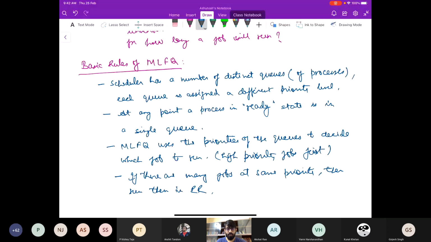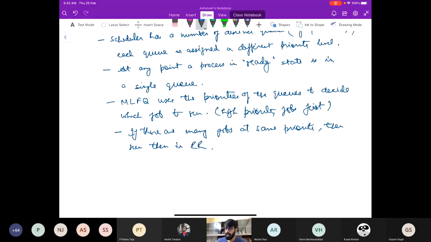So let's write these down as rules. What is going to be the first rule? These rules will define the MLFQ algorithm, the scheduling algorithm. So what is rule one? If priority of A is greater than priority of B, then A runs, B doesn't.